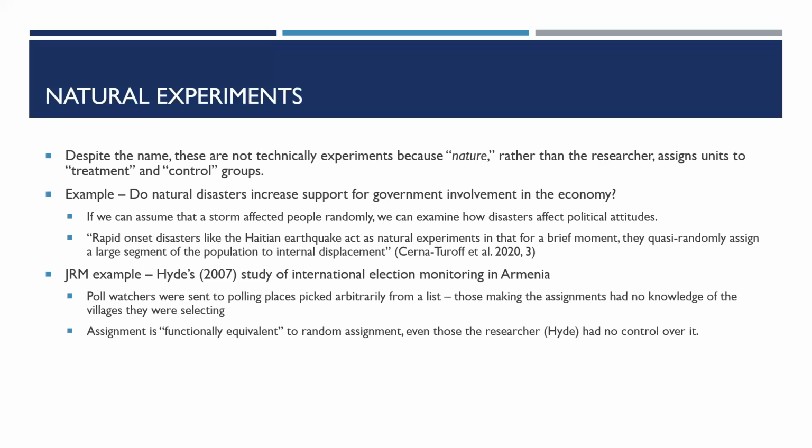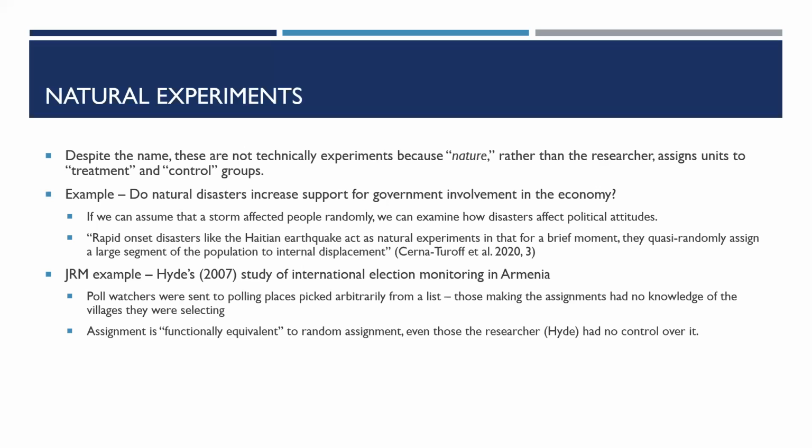Right, and then another example of a quasi-experiment or a natural experiment that you read about in the textbook was Dr. Susan Hyde's study of international election monitoring in Armenia. She conducted this study using a quasi-experimental design around the 2004 Armenian presidential election. And she made the case that this was functionally equivalent to random assignment. What happened was poll watchers were sent to polling places, picked arbitrarily from a list.